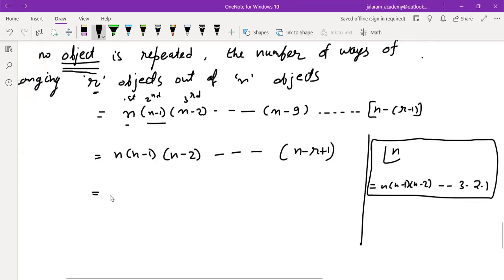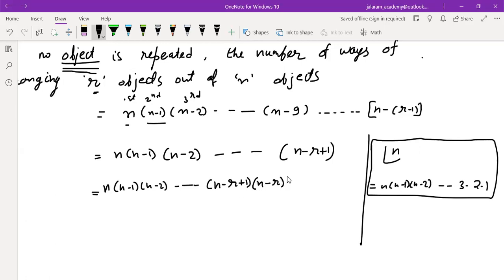So how to bring this in our calculation? If you want to use factorial n, subtract 1 from this n minus r plus 1, it will be n minus r. The next is n minus r minus 1 and so on up to 3 into 2 into 1.